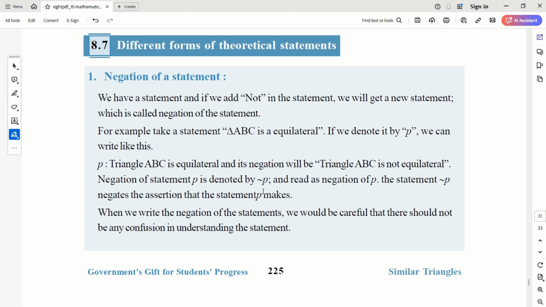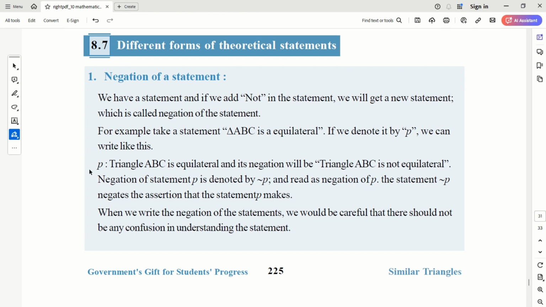Say, if this statement is P, then P is: triangle ABC is equilateral, and its negation will be: triangle ABC is not equilateral. Understand? In other words, you only have to negate the given statement.